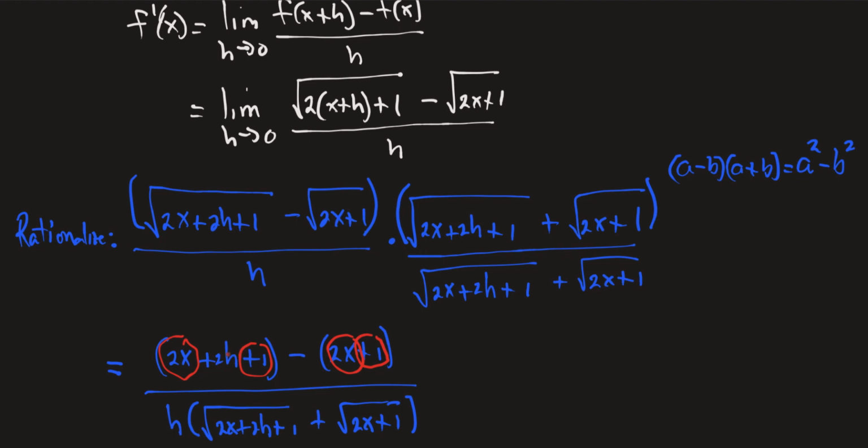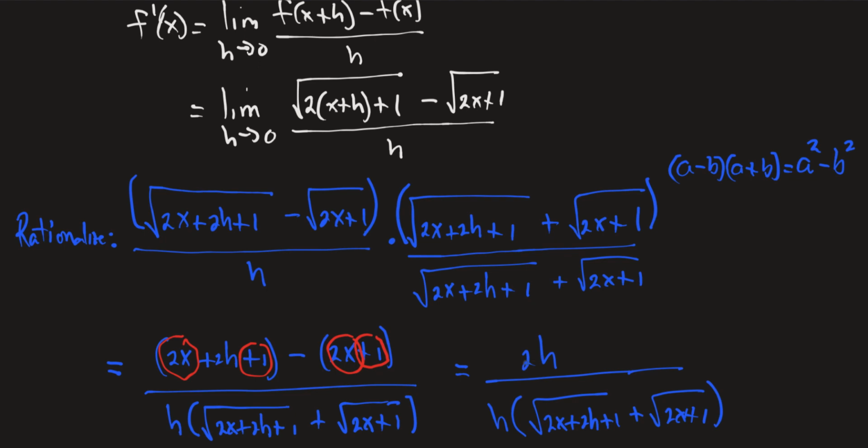It's just a 2h. So it doesn't really seem that daunting anymore. So we have 2h over h times the quantity, root 2x plus 2h plus 1 plus root 2x plus 1.